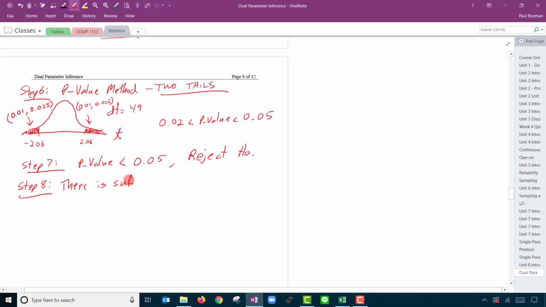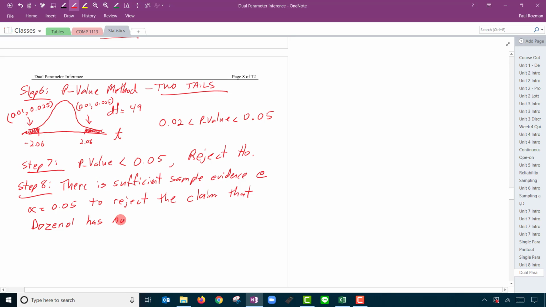There is sufficient sample evidence at alpha equals 0.05 anyway, to warrant rejection, or just to reject the claim that Dosanol has no effect on mean systolic blood pressure.